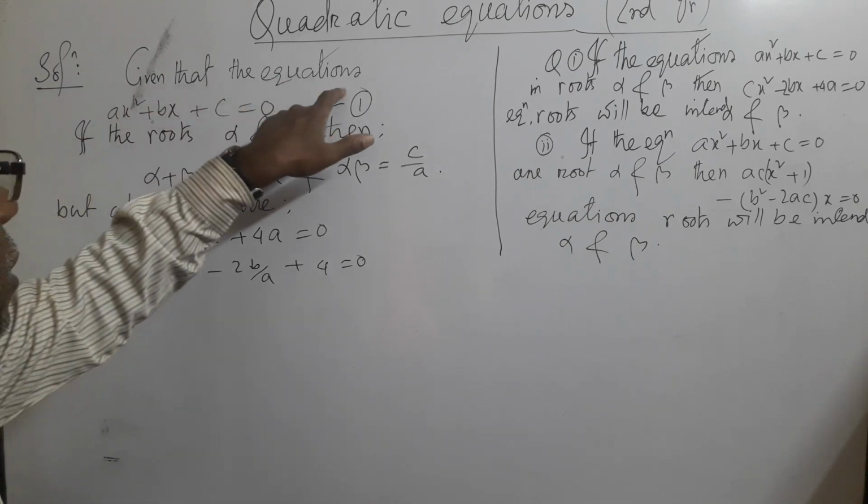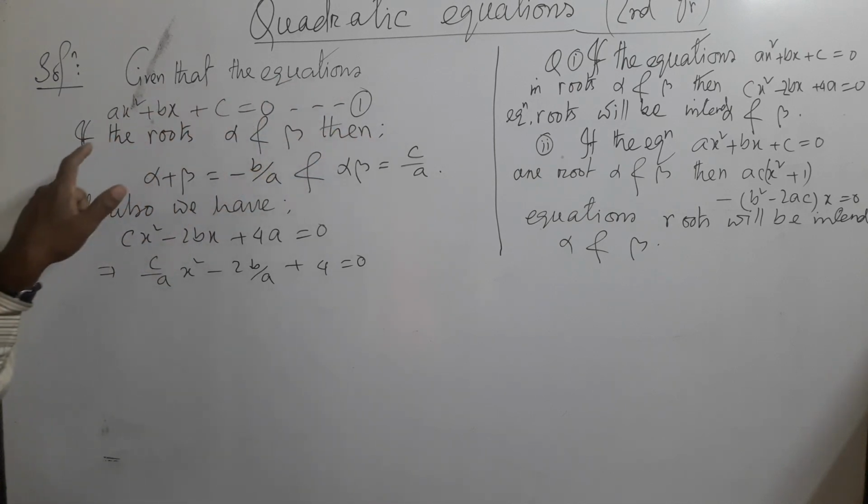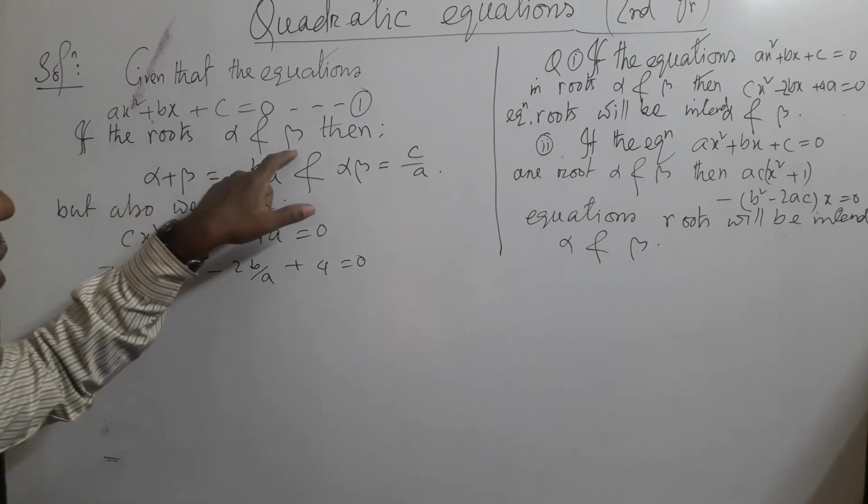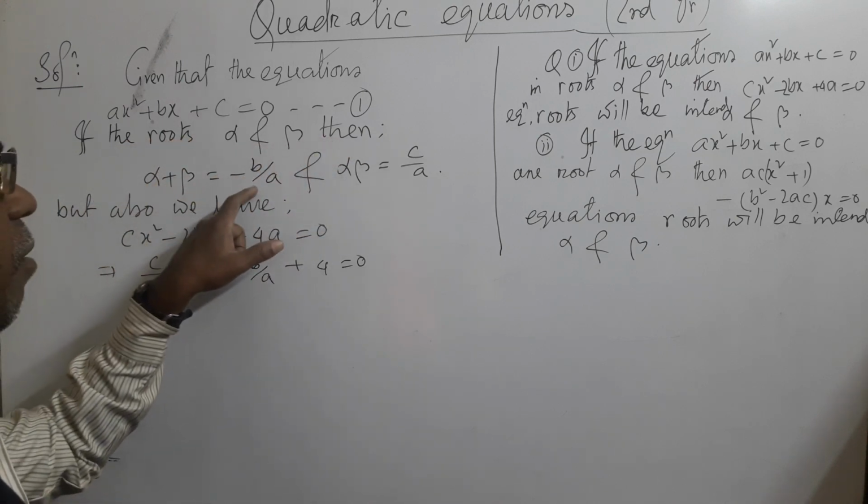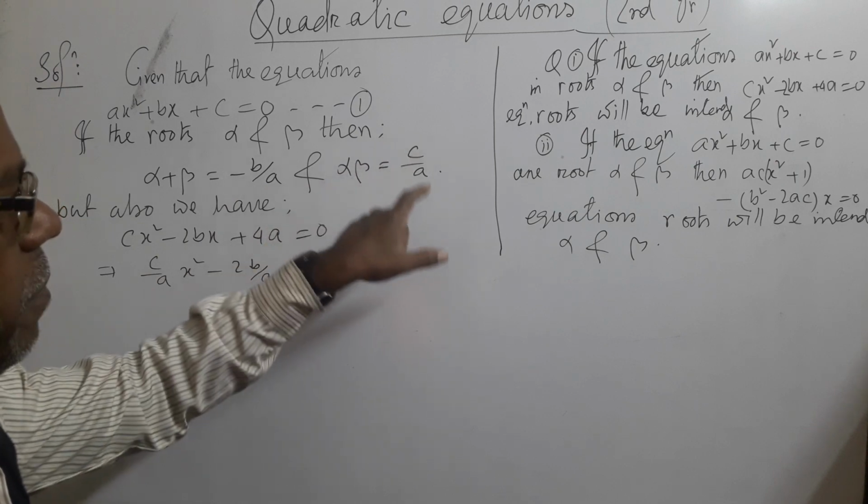Given that the equation ax² + bx + c = 0 has roots alpha and beta, then alpha plus beta equals minus b by a, and alpha beta equals c by a.